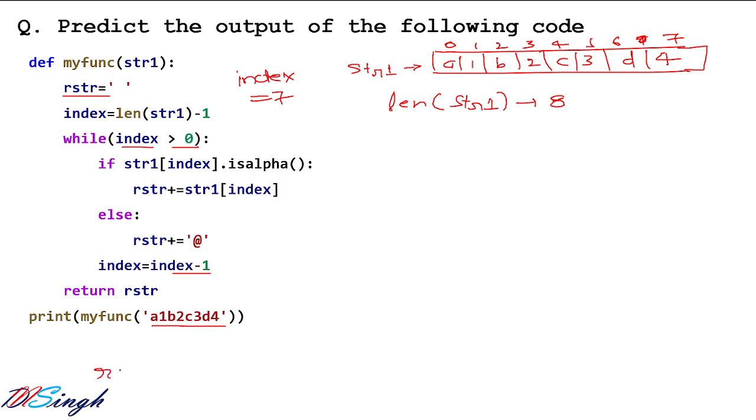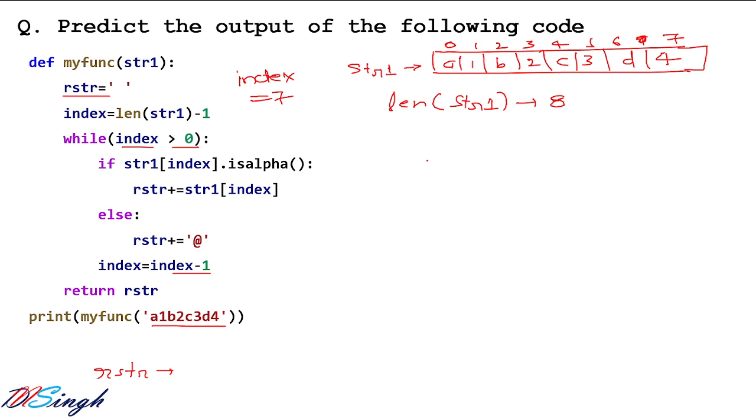So how will rstr form? If it is a letter, then it is concatenated as it is. Otherwise, what is being written there? At the rate. But this will happen in reverse order because index values are initialized from 7 onwards.